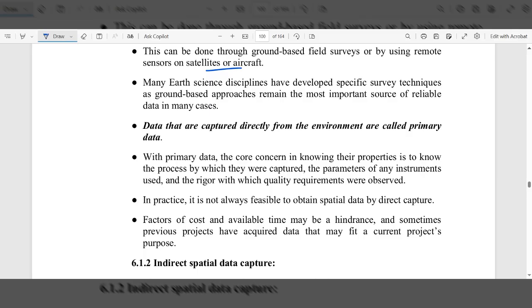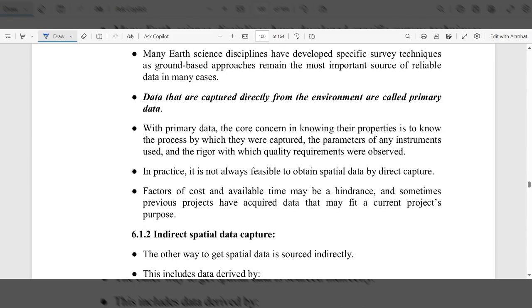Why is it primary? Because you are in direct contact with that source points, so it becomes primary data, right? You know the properties or technique of data captured, a number of parameters like which instruments you are using for the capturing of data, what quality you require to capture the data, etc. All these things are considered as parameters, right, in the spatial databases, right?